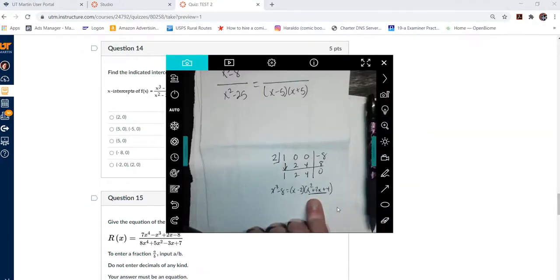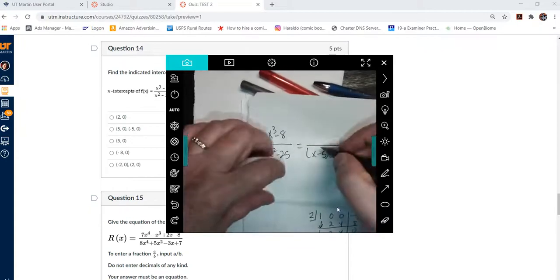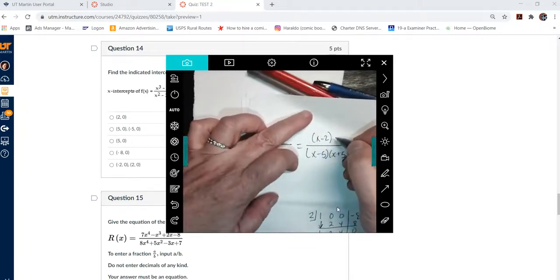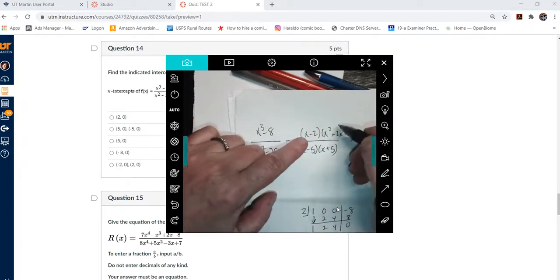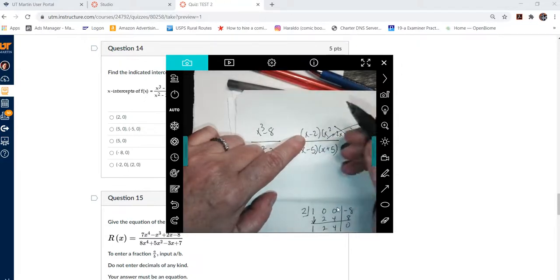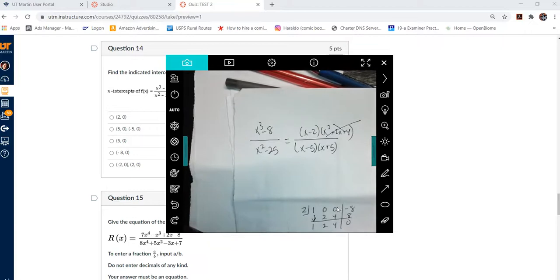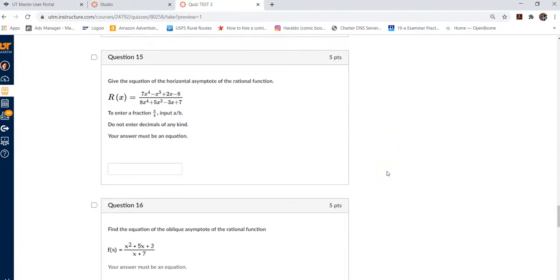So this has no real zeros. So there is no cancellation. This has no real zeros, and so I only have one real zero in the numerator, and it's at 2. And so I'll have an x-intercept at 2, 0.